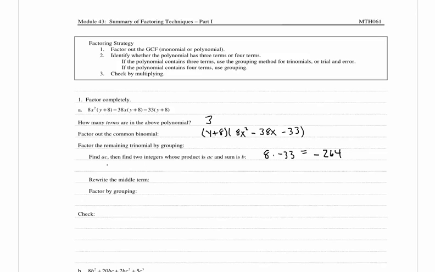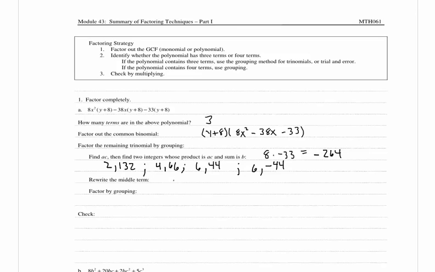And factors of 264 could be 2 and 132, 4 and 66, and 6 and 44. And if we had 6 minus 44, that would equal negative 38. So we're going to use 6 and negative 44.